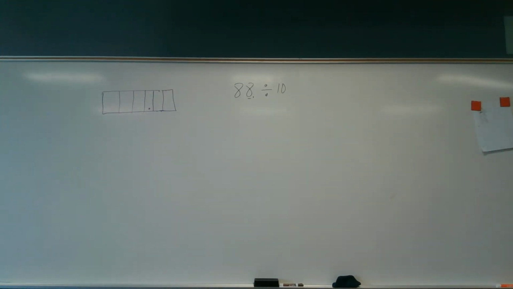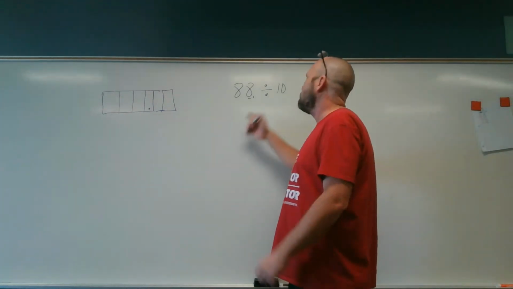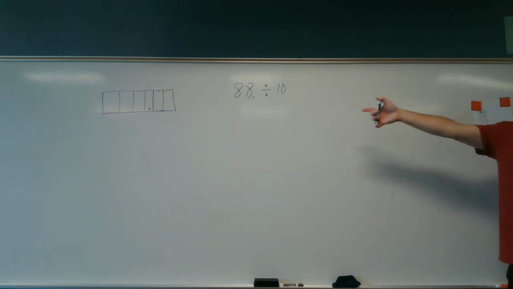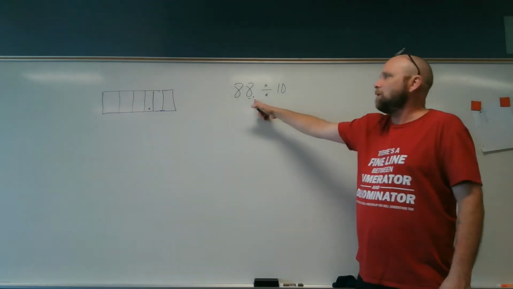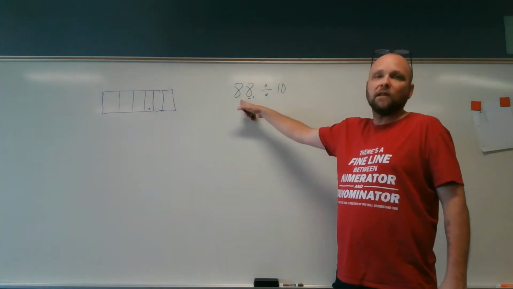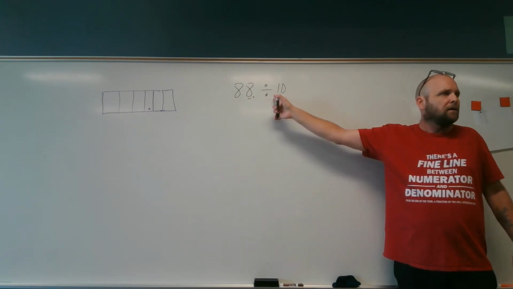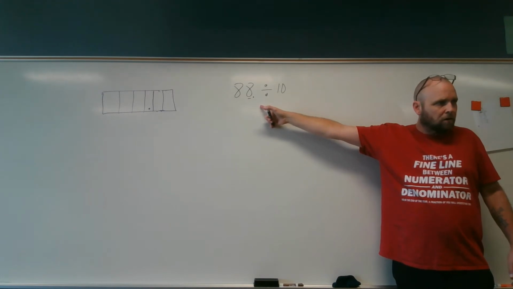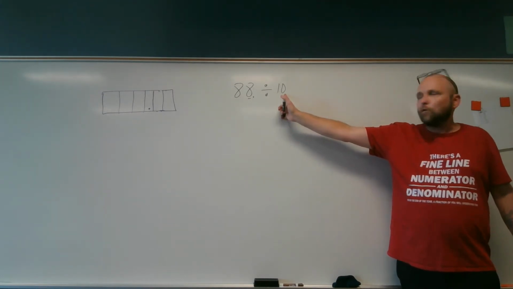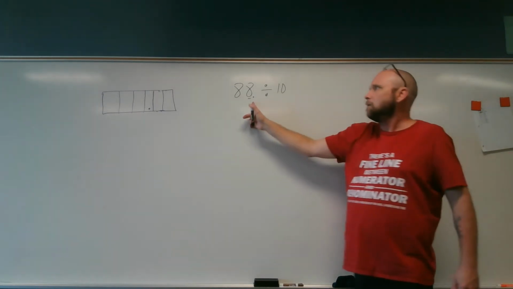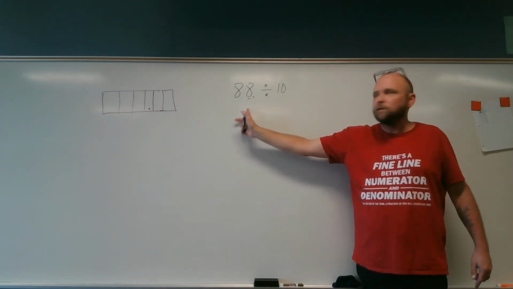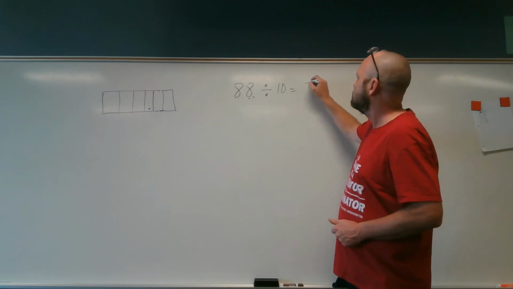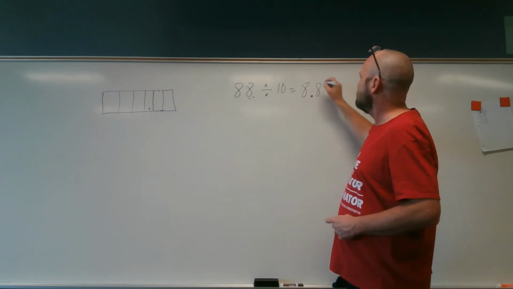When I am dividing by a power of 10, so I've got the number 10 here, I move my decimal point 1 place to the left because I'm dividing a positive number. I need to make it smaller. So if I'm dividing it by 10, it's 1/10 as big as it is. So I move the decimal point 1 place to the left. So this would be 8 and 8/10.